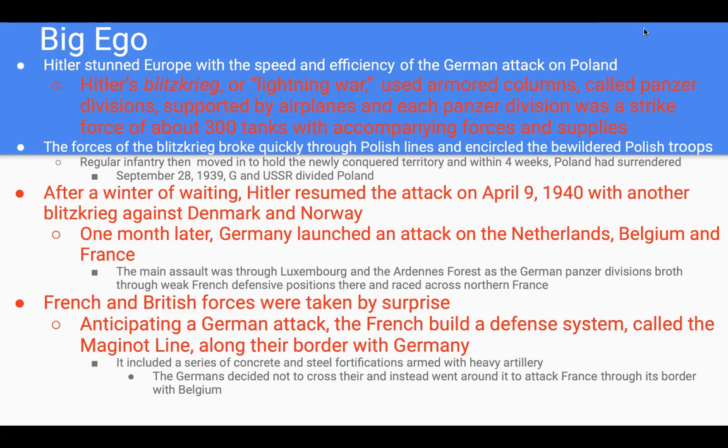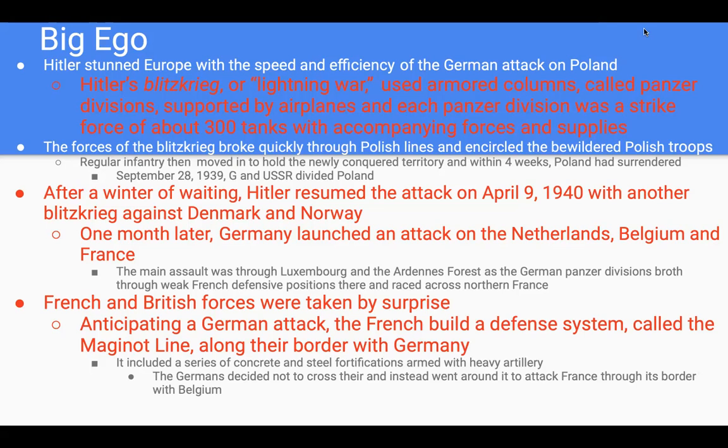French and British forces were taken by surprise. They were anticipating a German attack on the border between Germany and France called the Maginot Line. So, of course, that was heavily fortified and defended and built up. And Hitler saw the weakness and hit them in their weak spot.